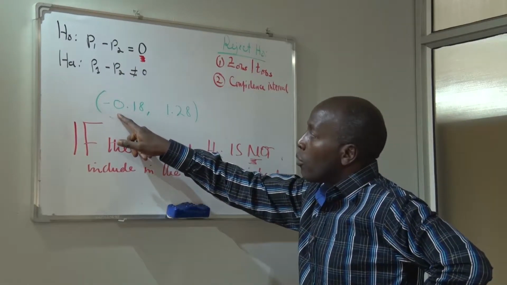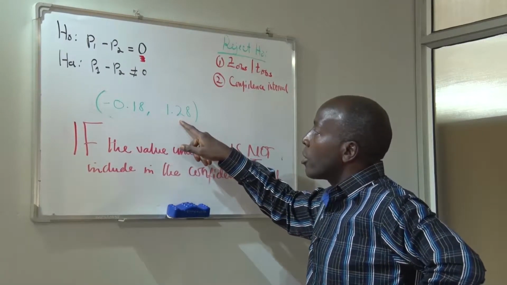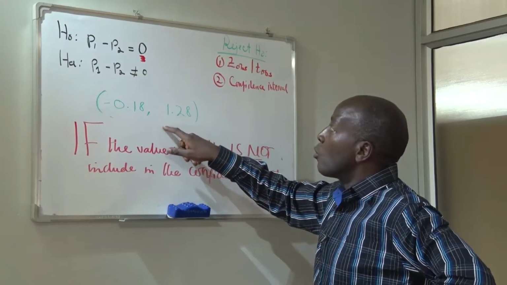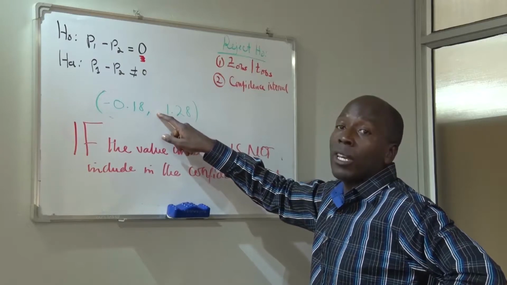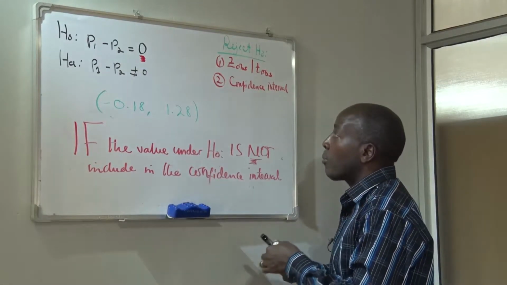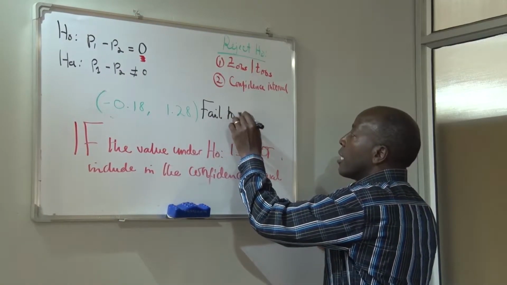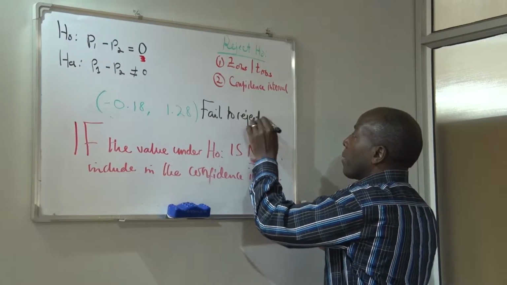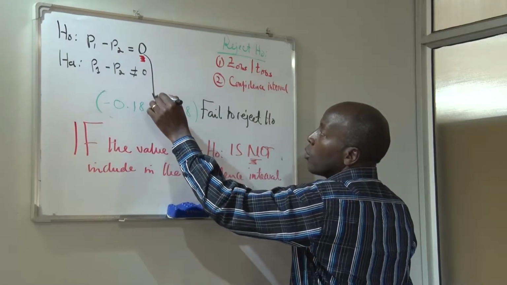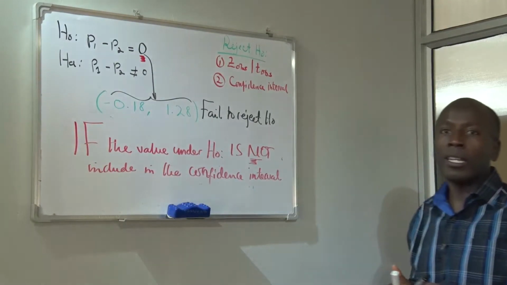Look, if you come from minus 1.8 to positive, it means you have crossed the 0. In this case, it would mean that the 0 is included in the confidence interval. So in this case, what happens? We would fail to reject the null. Why? Because this value is included in the confidence interval, the value under the null.